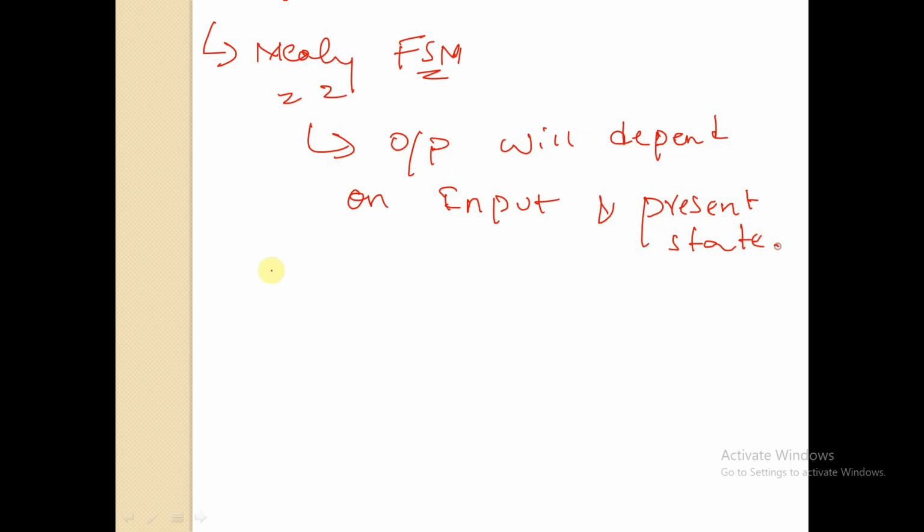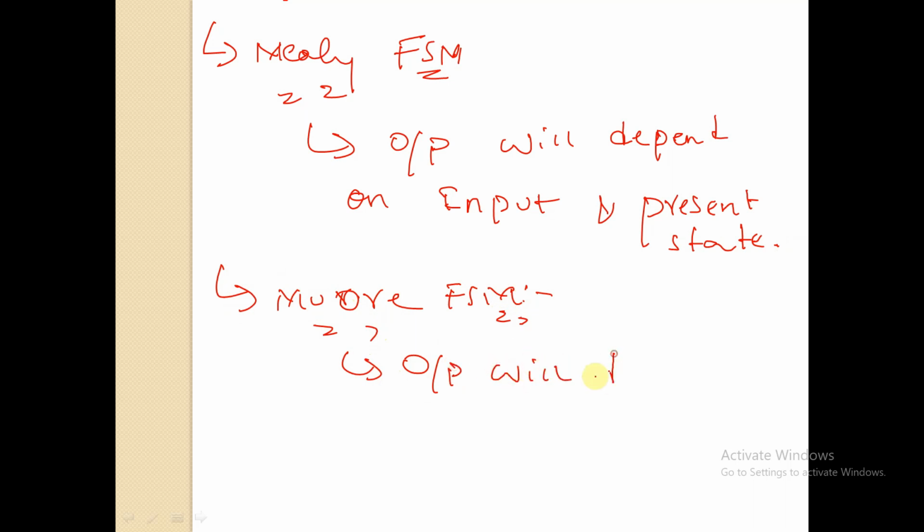Whereas in case of Moore FSM, the output will depend only upon the present state.